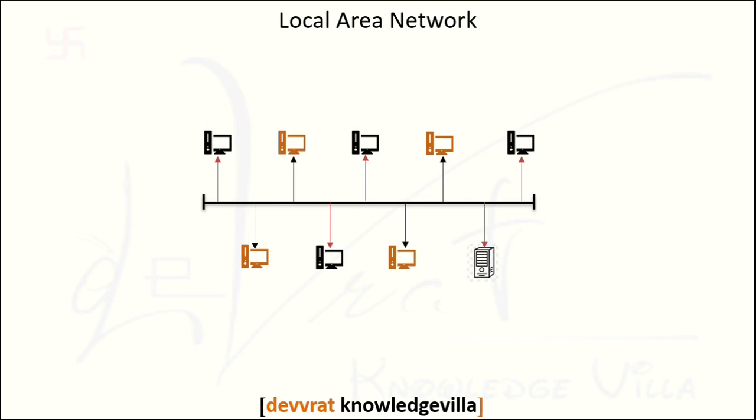So right now what is going to be used here? These are the end systems which we have discussed in network edge and network core. These are the end systems you are watching, and this one is a powerful computer system. We are going to make it a server.